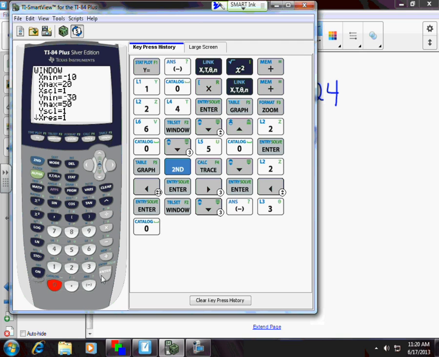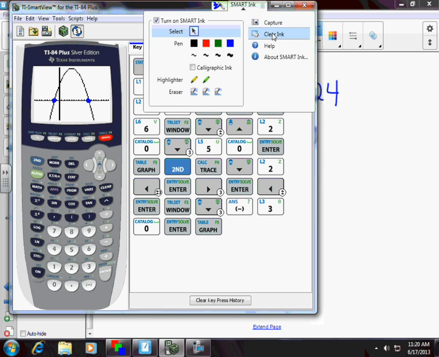And press enter, then graph. See, now the words will come up down here and it won't be so close to the intercept. Okay, now we do know there is another intercept. This is the one we just found, but now we are looking for that one. So we will go through the same procedure again.